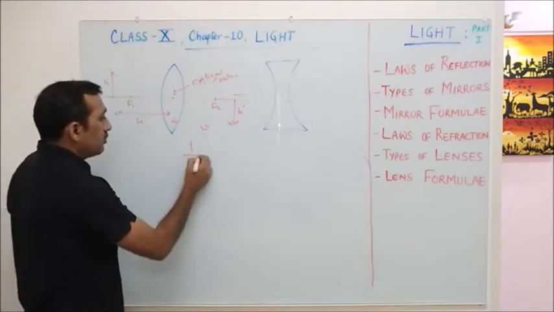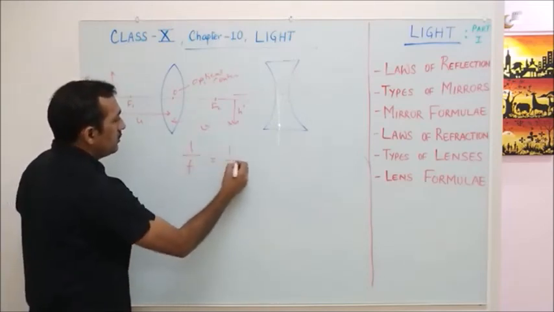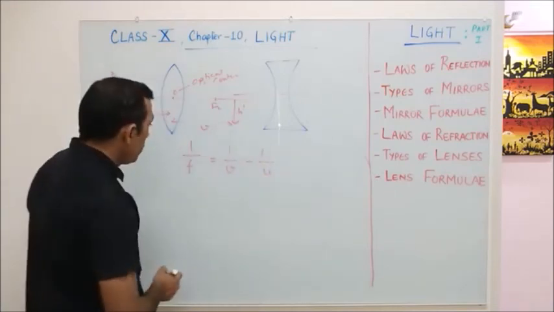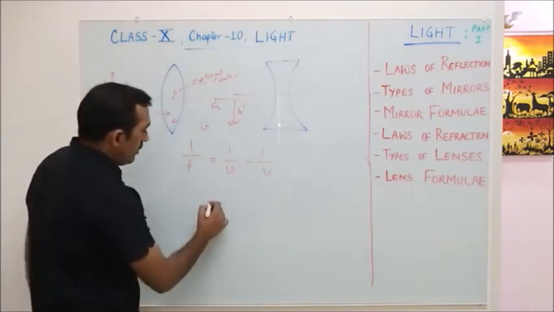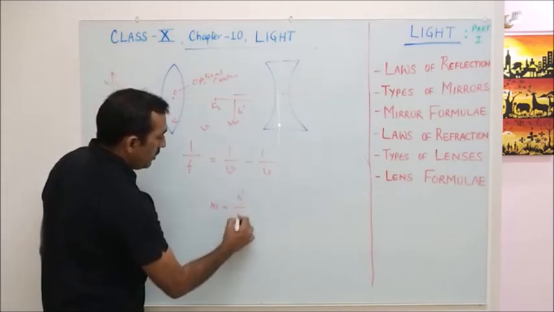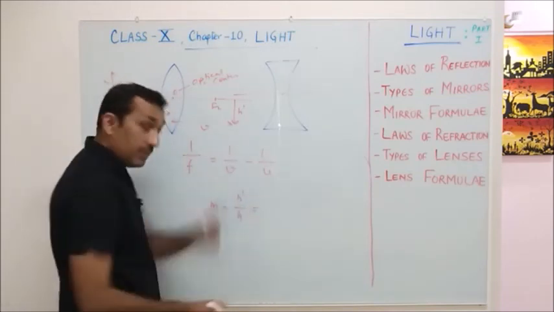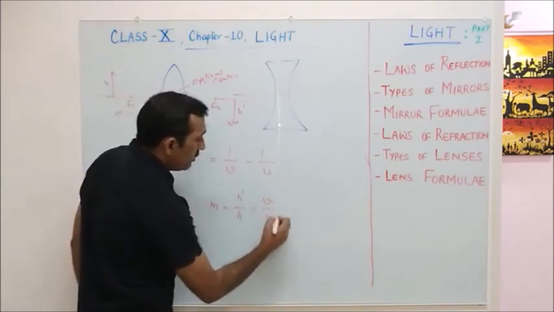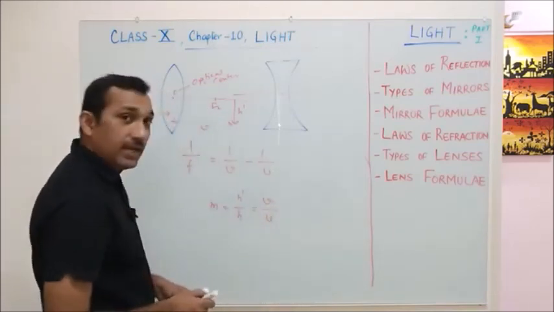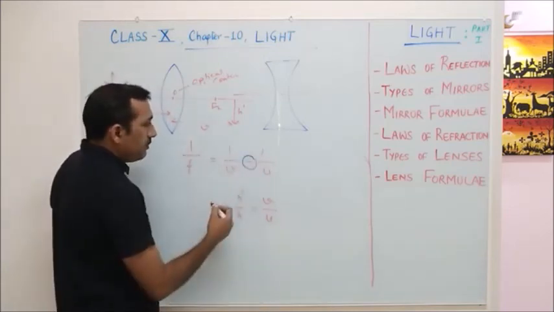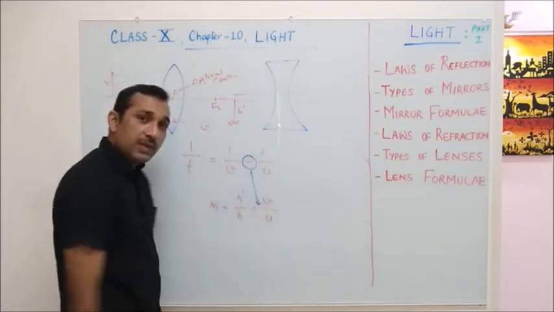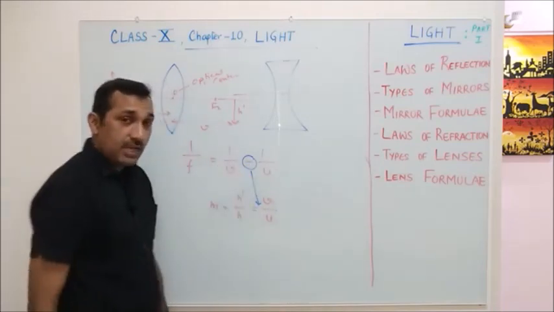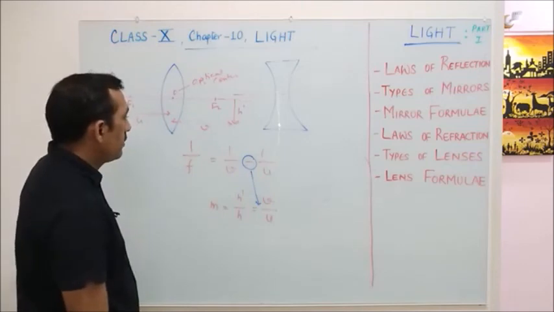Now the formula is 1 by f equal to 1 by v minus 1 by u. Again, magnification is h dash by h like earlier, but now it is not minus v by u, it is v by u. As I said earlier, if this is minus, then this is plus. So these cannot be of the same sign, right?